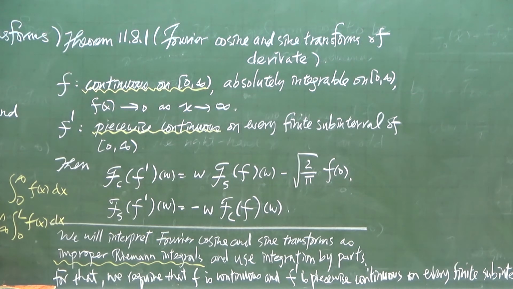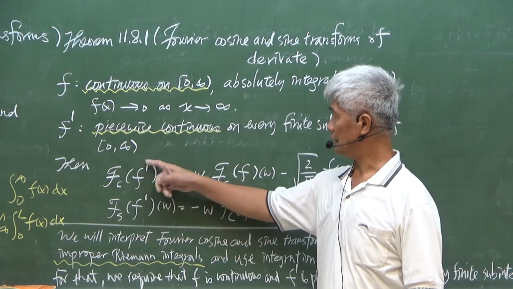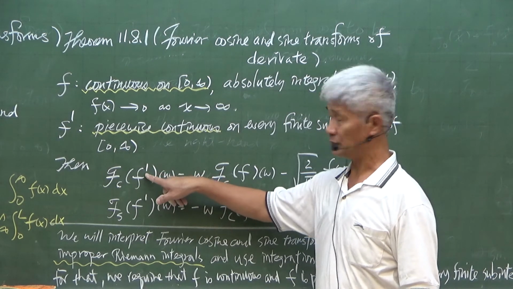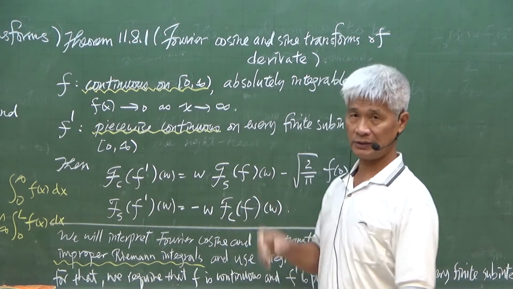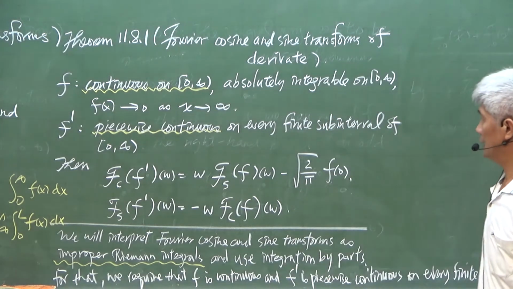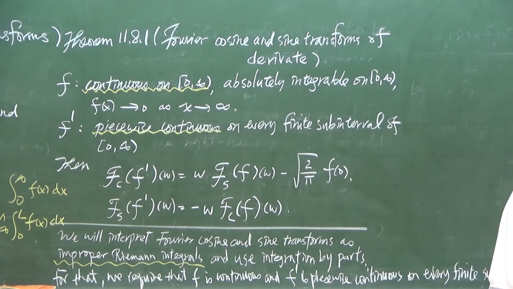This is the so-called improper Riemann integral. So we deal with the integral over the finite interval, and then we turn an integral involving the derivative into an integral involving f itself. This is the best technique we use.